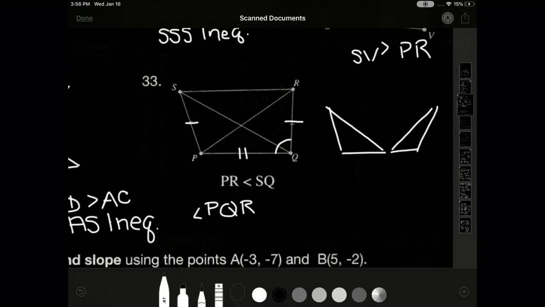And opposite SQ is this angle here. So we have angle SPQ. And then since PR is going to be smaller, then that means the angle opposite PR is going to be smaller. So opposite PR was angle PQR, so therefore PQR is less than SPQ.